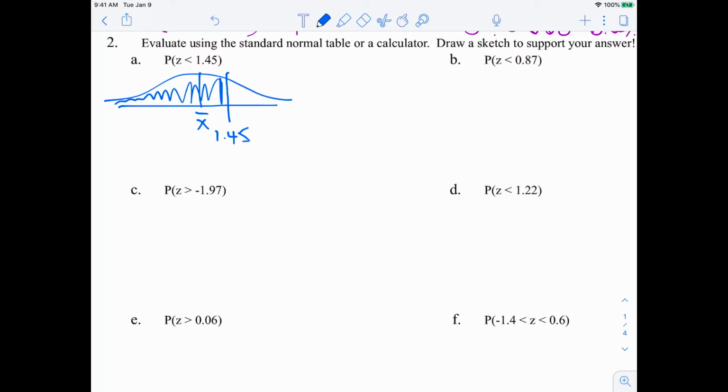To find that, I'm looking at less than, so I shade below. I can either use the table again, or I can use my calculator. If we use the calculator, you want to go to Menu, Statistics, Distribution, and then Normal CDF.